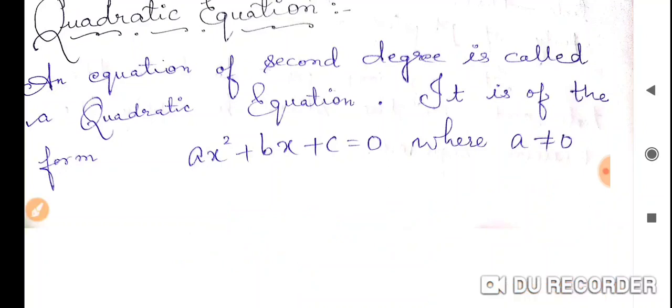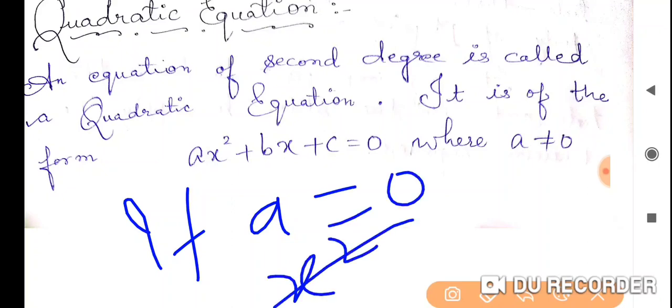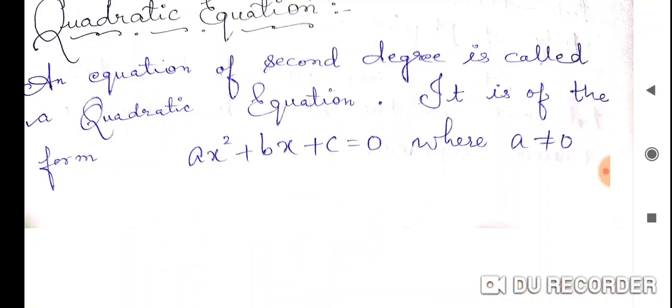Now, a not equals to 0. Why is this condition necessary? If a becomes 0, the term x square will vanish, and this will not be a quadratic equation. Hence, the constant a may never be 0. The constants b and c can be 0.